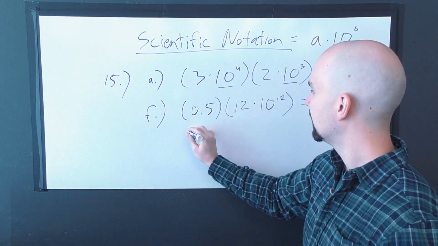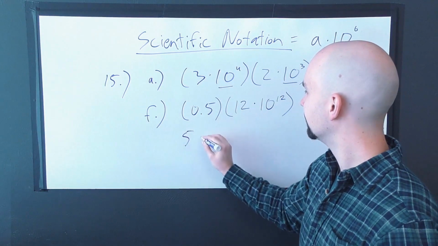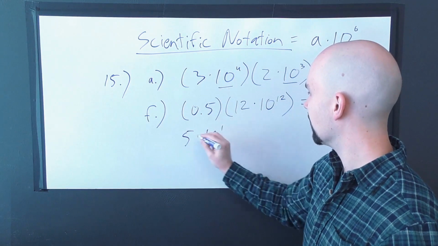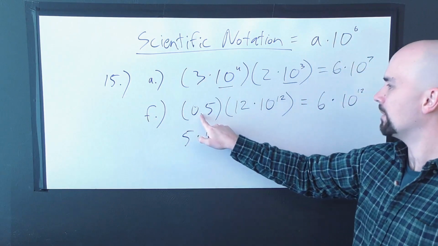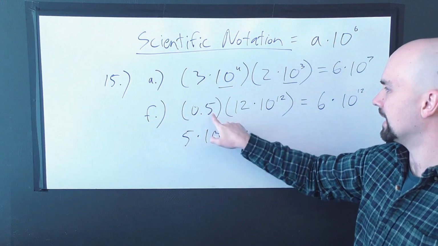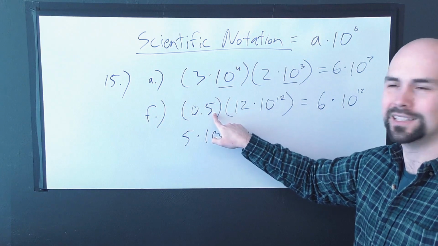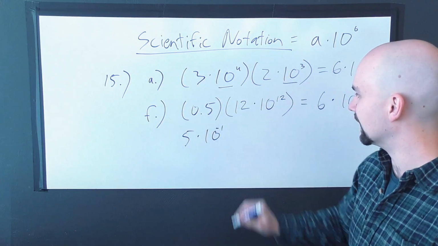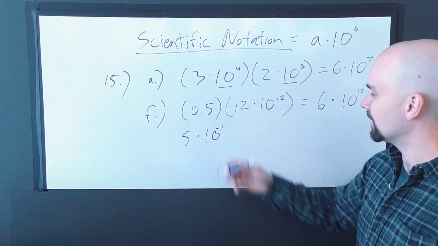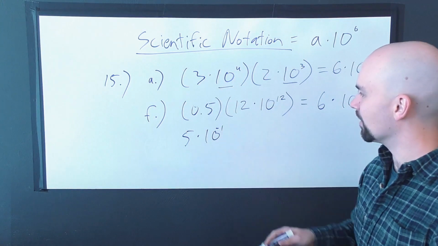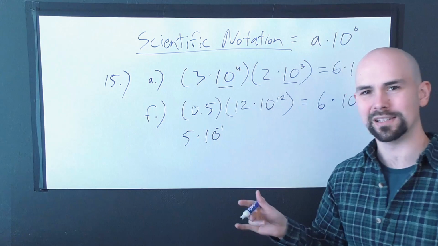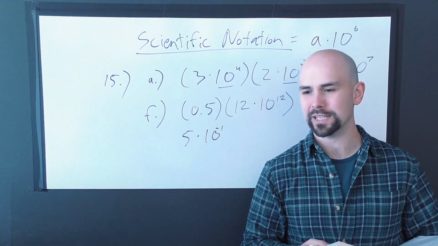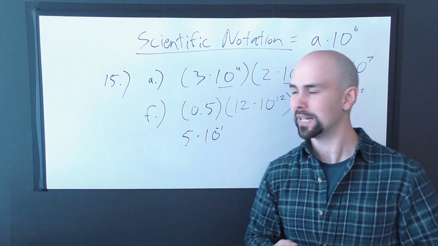Move this over, and I get 5 times 10 to the power of 1. Because when I move this over to the right, to put it in scientific notation, I've multiplied by 10, and now I have to, I'm sorry, 10 to the power of negative 1. Then I would have to cancel that out by a negative power of 10, because that's the same as dividing. Remember I said last lesson that when you have a negative power of something, it's dividing by it.